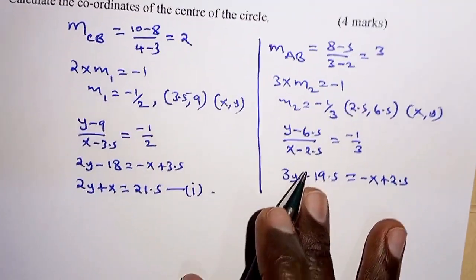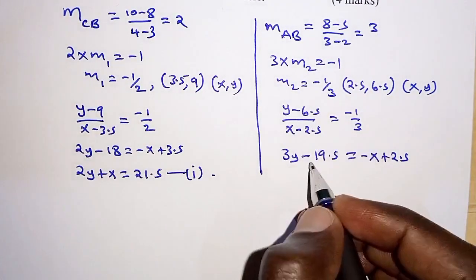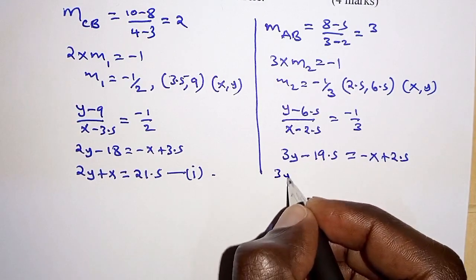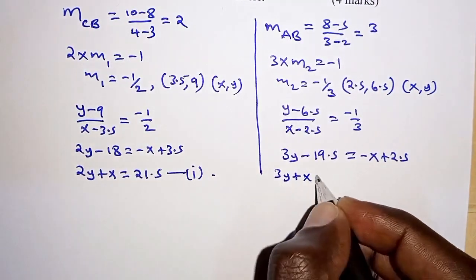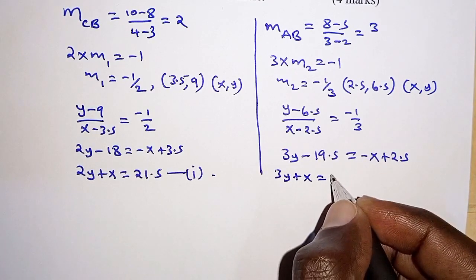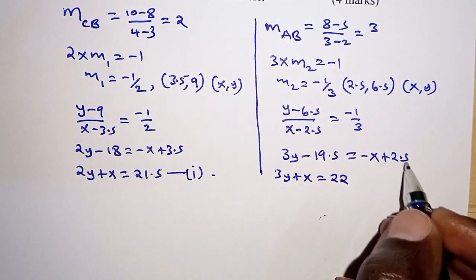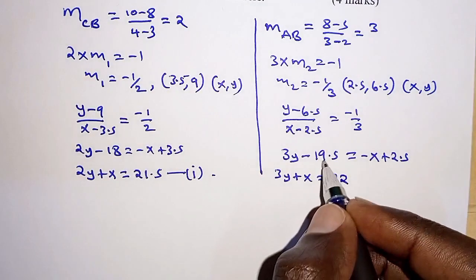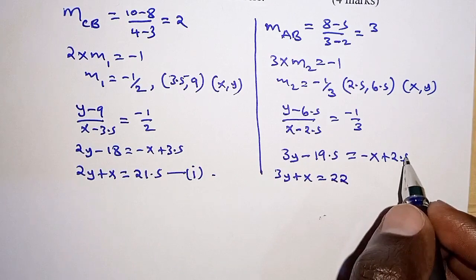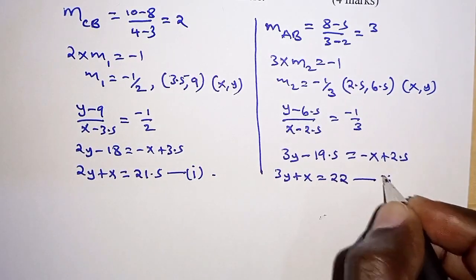Now again, negative x can come this side, so that we have 3y plus x, and then 19.5 crosses, so that we have 22. That is positive 19.5 plus 2.5. And this gives us the second equation.